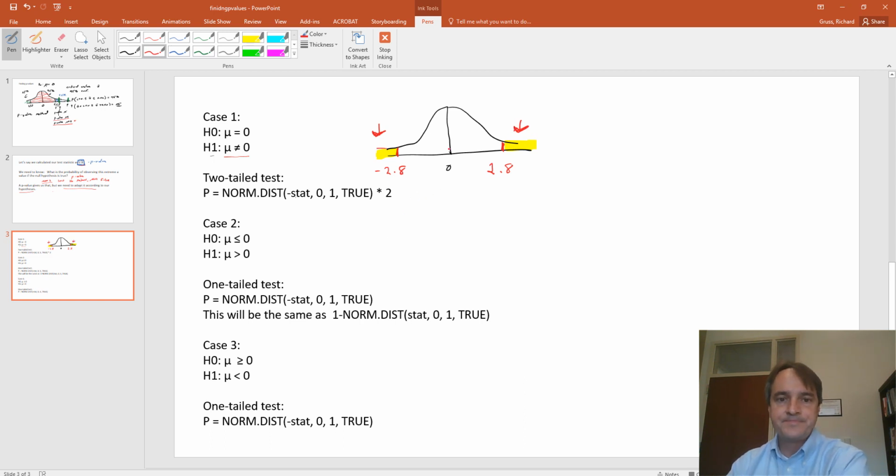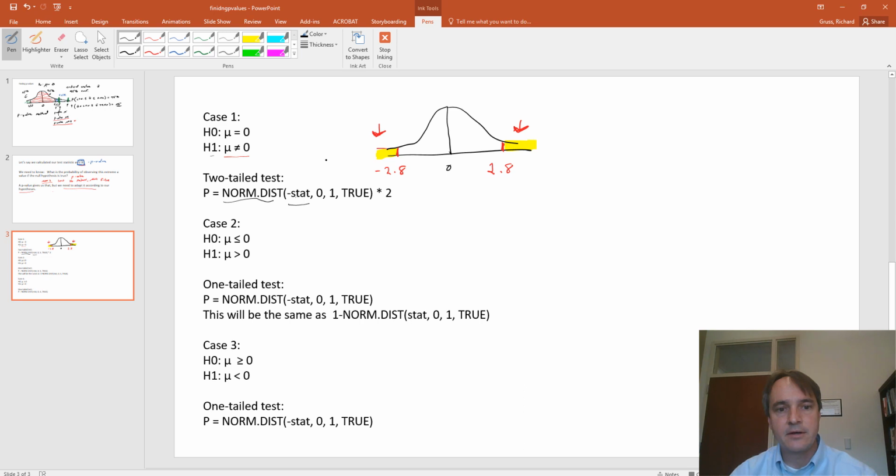We can use the same Excel function that we used to calculate the normal probabilities before, because we are assuming a normal distribution under the null hypothesis. So we use norm dist, and we're using the negative statistic. That's easier because remember that this is going to give us the cumulative all the way up to whatever this value is.